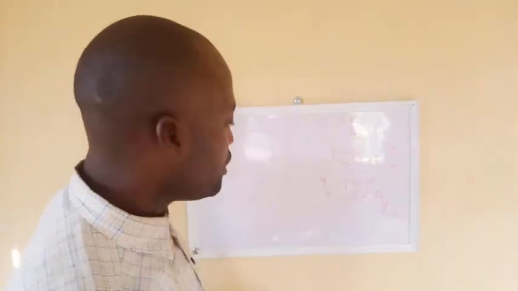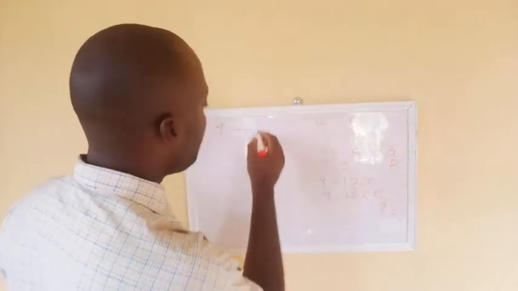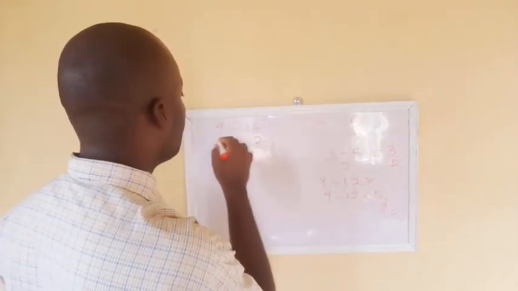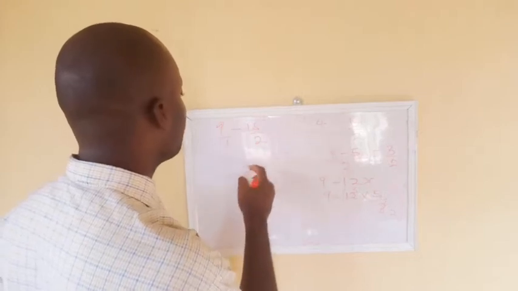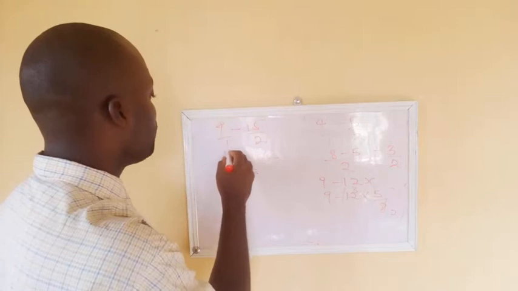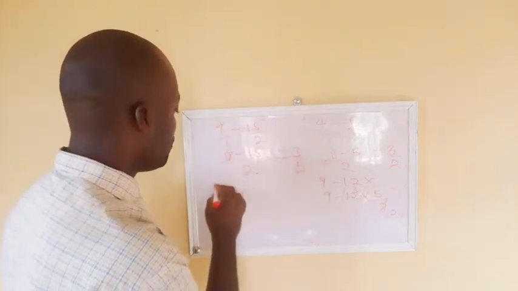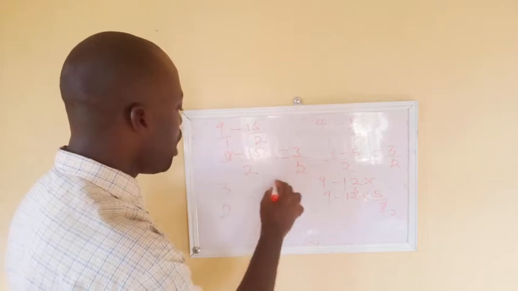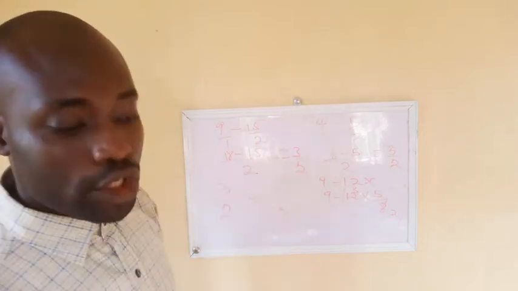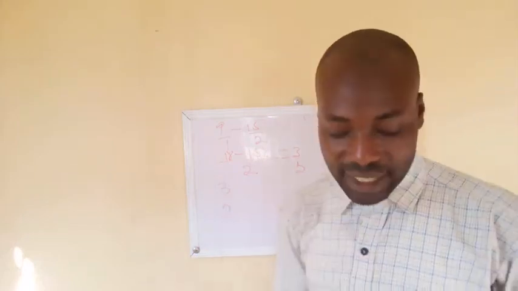When you clean this place, you have 9 minus 3 times 5, that will be 15 over 2. You can also look for the LCM to be 2. 2 divided by 1, that is 2. 2 times 9 will give us 18 minus 15. We still have 3 over 2. You can say that 3 over 2 equal to 3 over 2, which shows that the left hand side is equal to the right hand side.